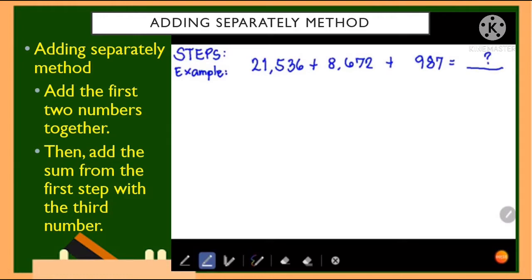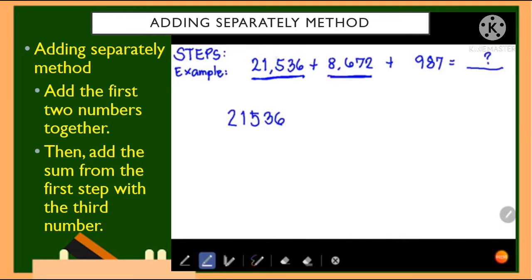Let us first line up our first two numbers. We have the first number, which is 21,536. How about the second number? The second number is 8,672.